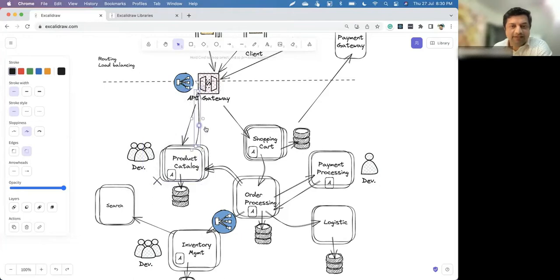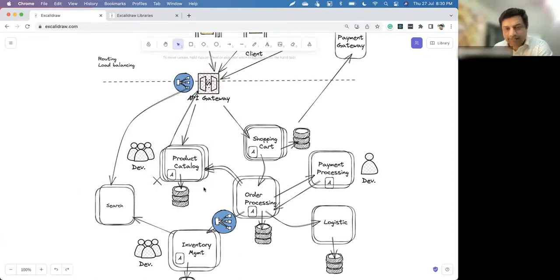The API gateway is aware of all the APIs and will route the calls. The clients are not only your mobile front end; client applications could be other microservices also. So you will be able to remove all these direct connections and use connections via the API gateway.